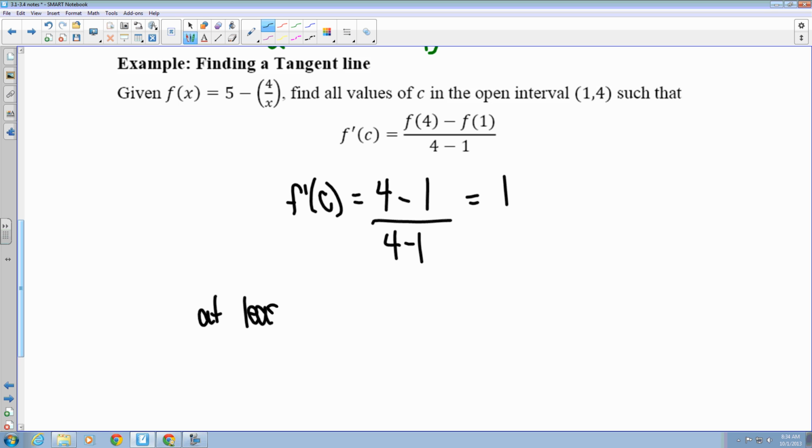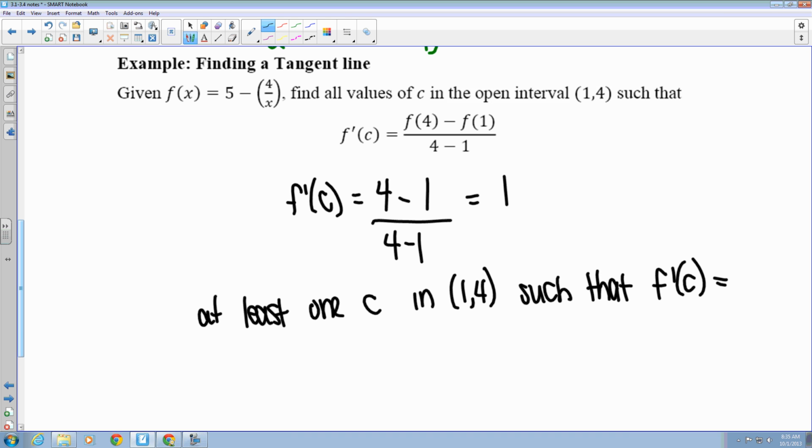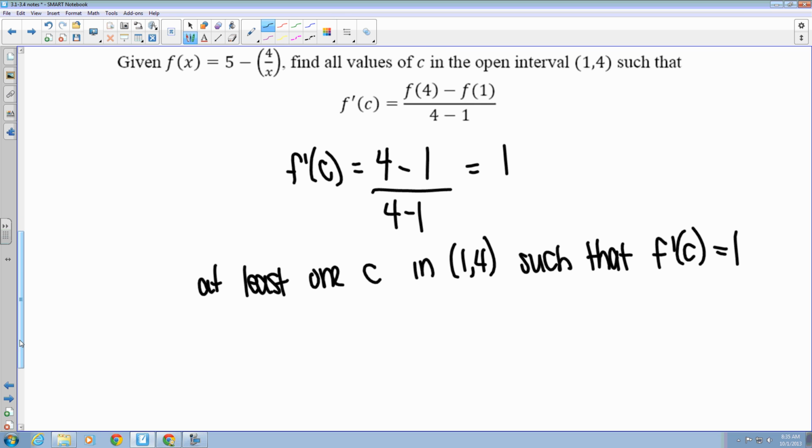So there's at least one c in our interval from 1 to 4, such that f prime of c is also equal to 1. So we need to find it. The derivative is positive 4 over x squared.